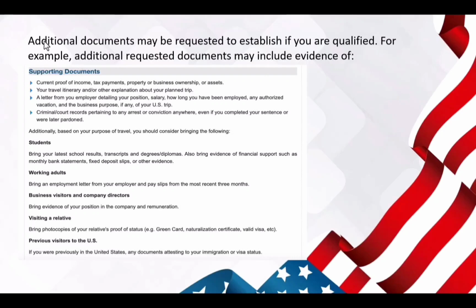Additional documents may be requested to establish if you are qualified. For example, current proof of income, tax payment, property or business ownership or assets, your travel itinerary or other explanation about your planned trip, a letter from your employer detailing your position, salary, how long you have been employed, any authorized vacation, and the business purpose, if any, for your US trip, criminal court records pertaining to any arrest or conviction anywhere.